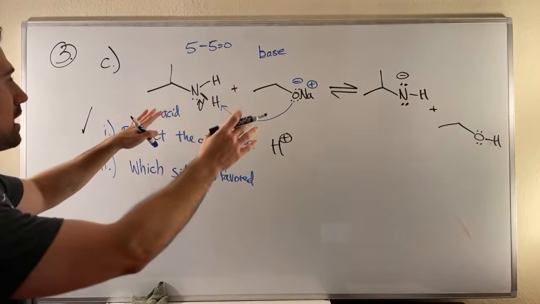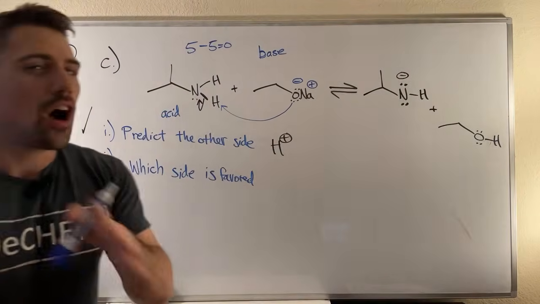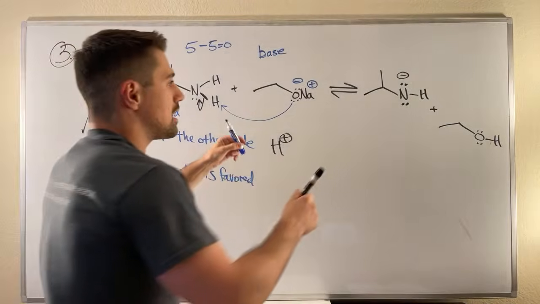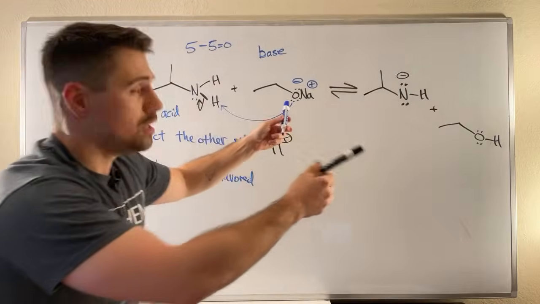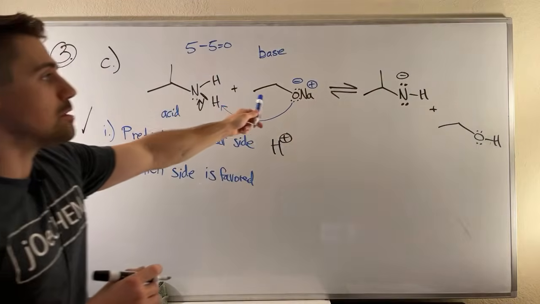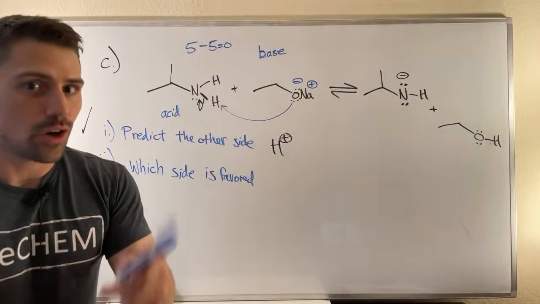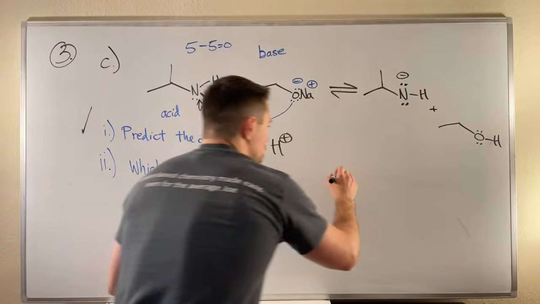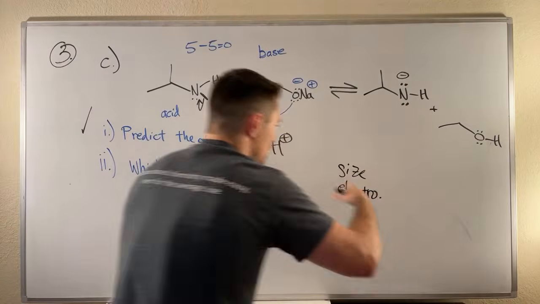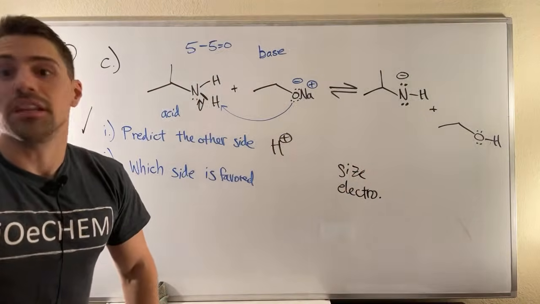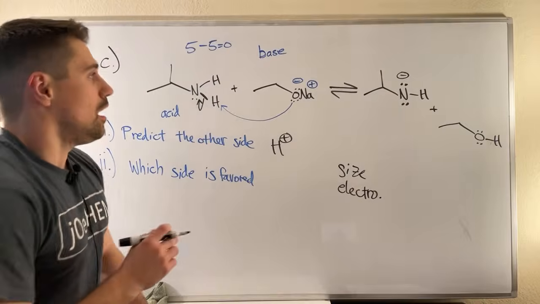So if we take a look here, the way I like to do this is I look at the conjugate bases. I'm looking at these 2 right here. The way I can figure out which base is more stable is which atom is more comfortable with that negative charge. And remember, that's when you can bring back your size, electronegativity, yada, yada, yada. Hybridization, inductive effect, resonance.